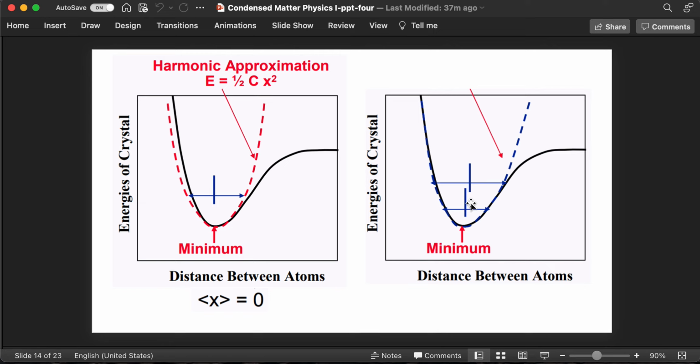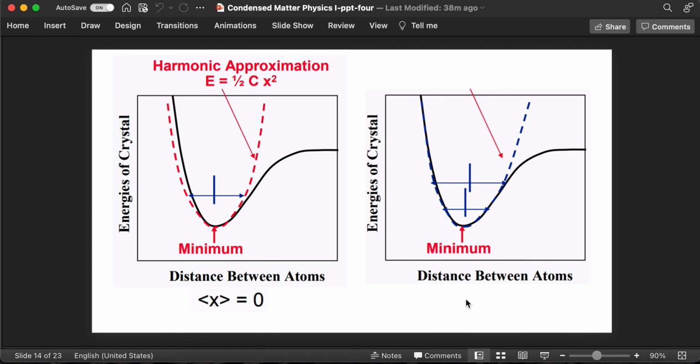So the ensemble average of the position has to be temperature dependent. That's when you get thermal expansion. But in the harmonic approximation, the ensemble average of the position is basically zero, and it doesn't change with temperature. That is the reason why there is no thermal expansion in the harmonic approximation, where the potential goes as some constant times x squared.